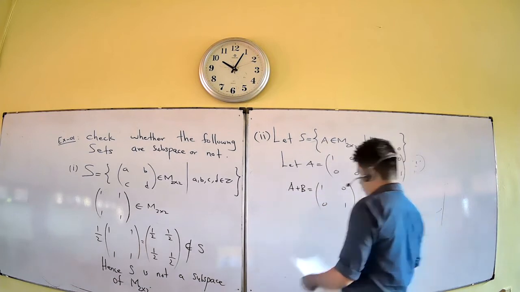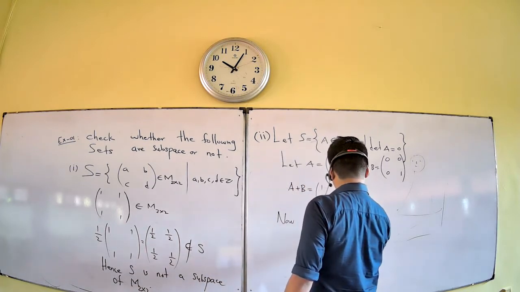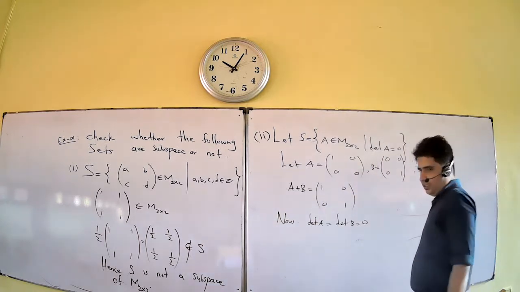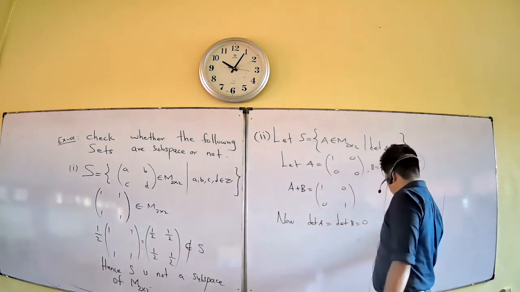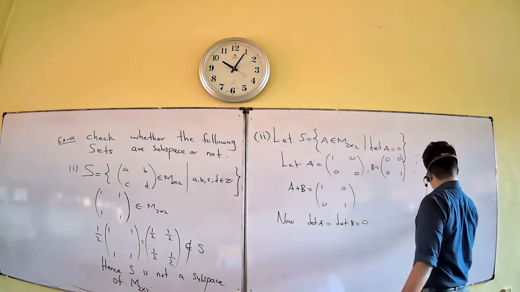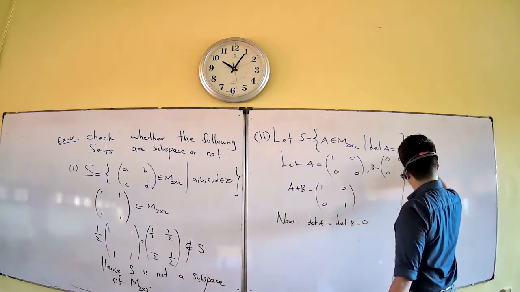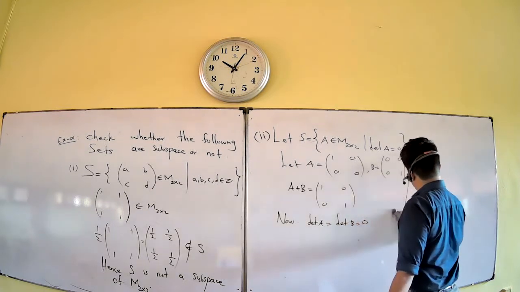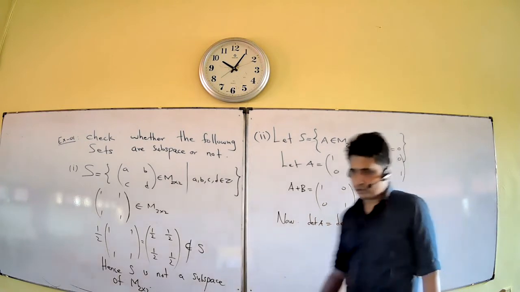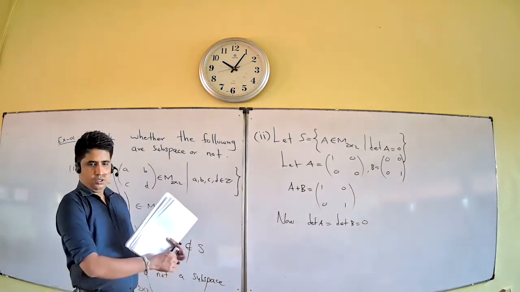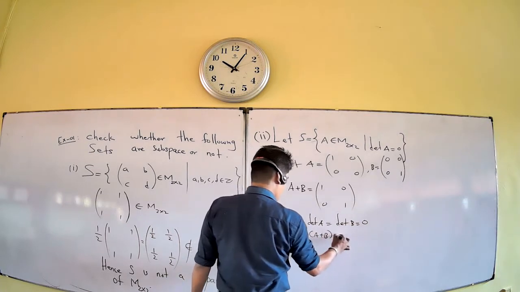So the determinant of A and the determinant of B are both 0, but the determinant of A plus B is 1 minus 0, which is 1.